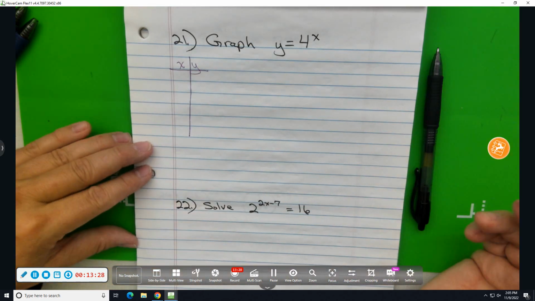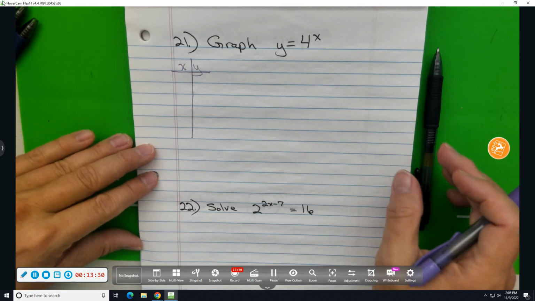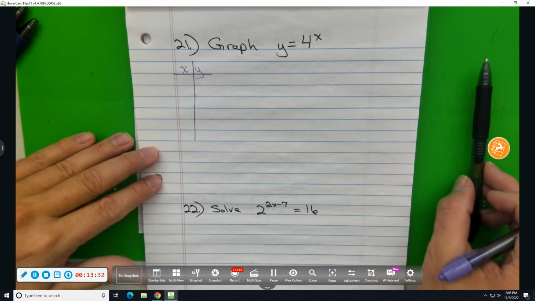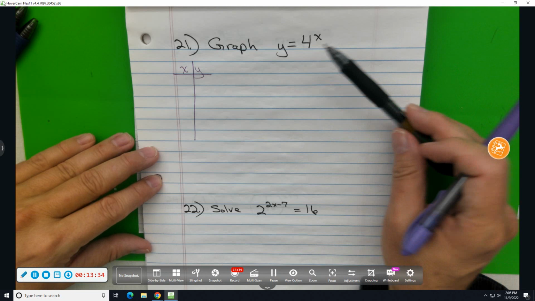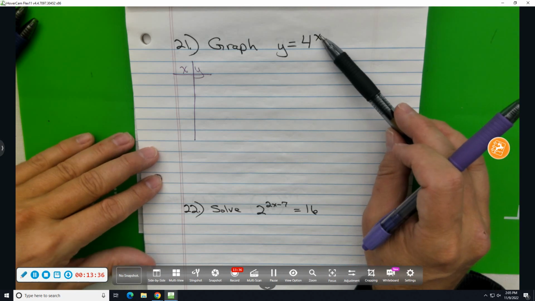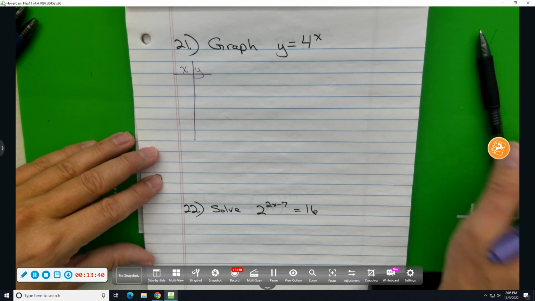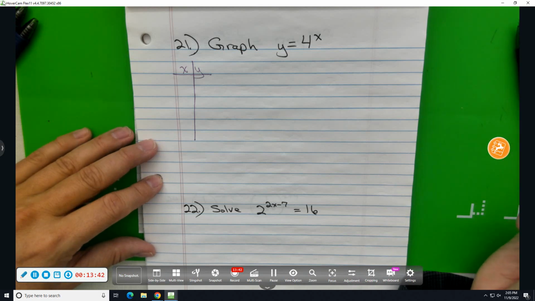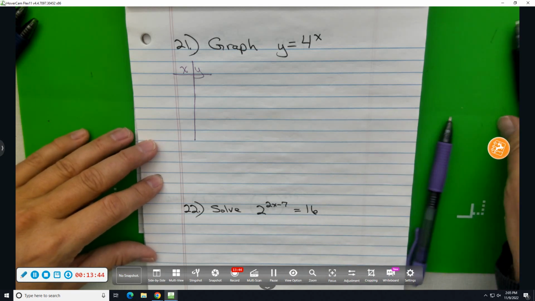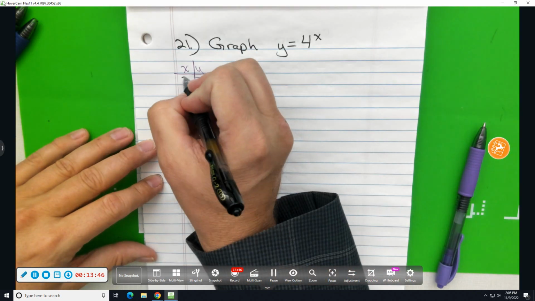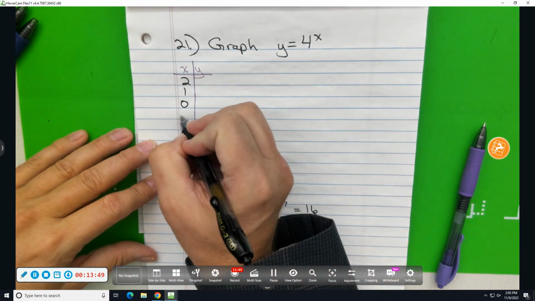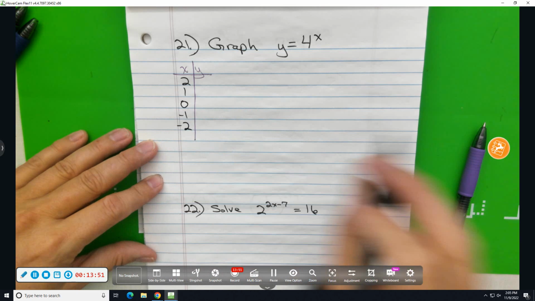And I said that the integers from 3 to -3 would usually be sufficient, but if we use 3, 4 cubed, 4 times 4 times 4, that's 64. There's no way we're going to count up that many points. So I think I'll plug in a 2, 1, 0, -1, and -2.